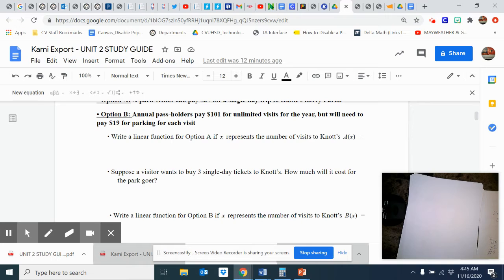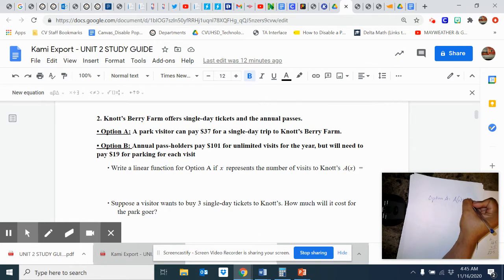So option A will be A of x equals 37x. Option B will be, annual pass holders is 101.